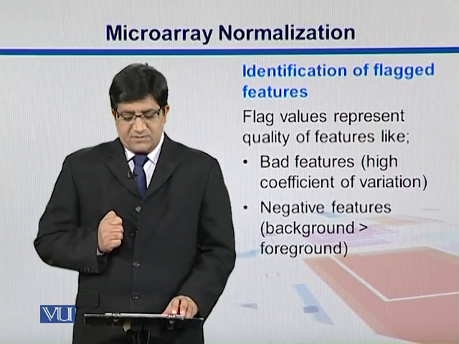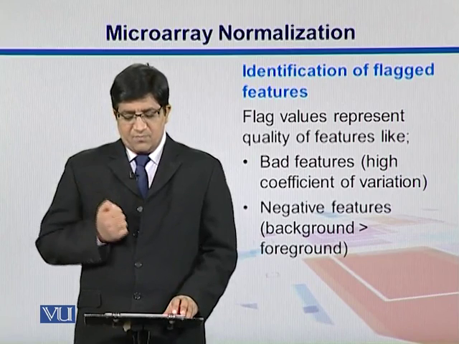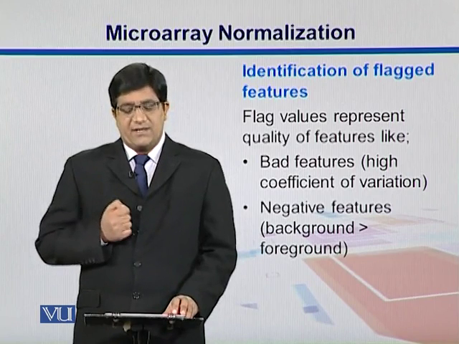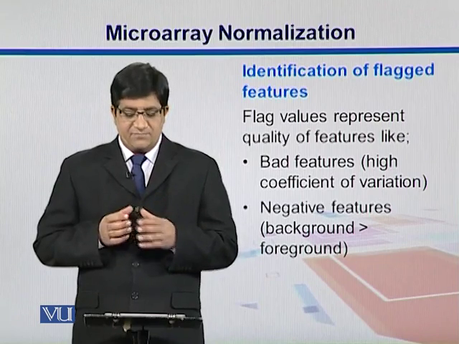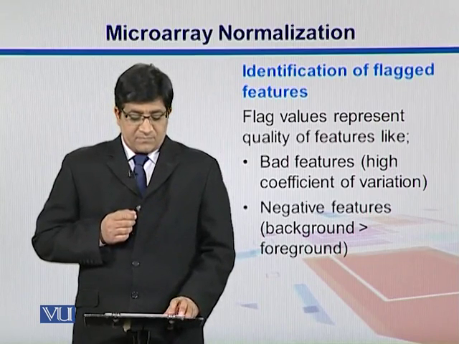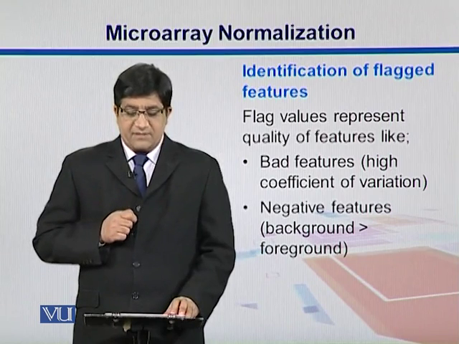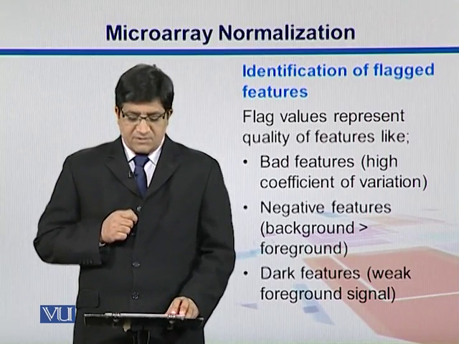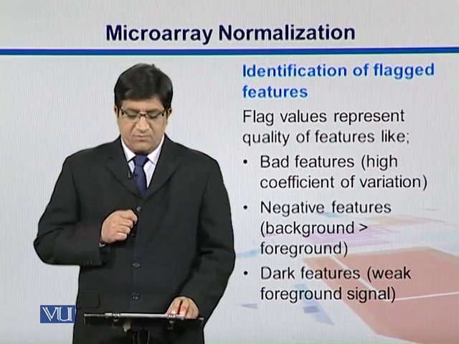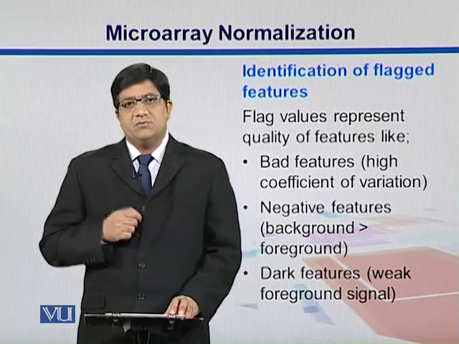Negative features: sometimes we have more background signal as compared to foreground. In that case, we can call these features negative features. There can be a flag representing that some feature is negative. Dark features are those that have weak foreground signal as compared to the background.